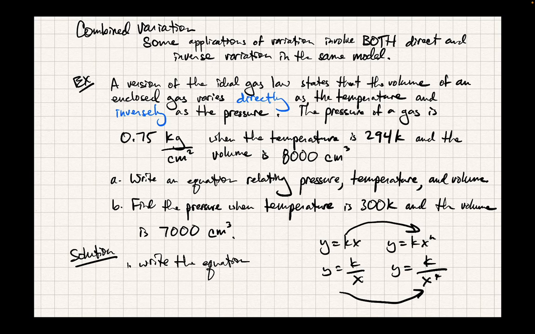This is supposed to be an n. So these are two versions of direct, and these are two versions of inverse. What I would like to do instead is have one equation that involves both direct and inverse variation.